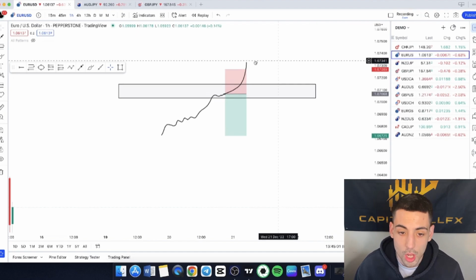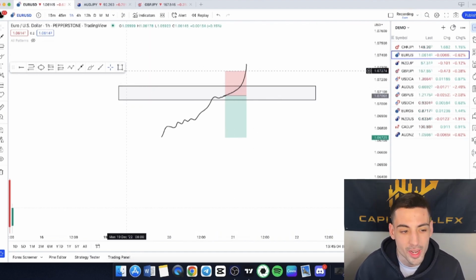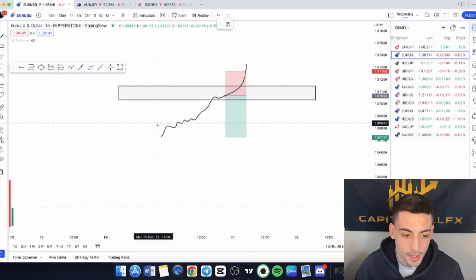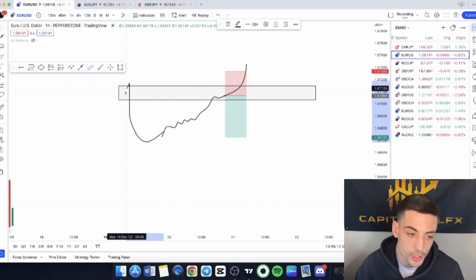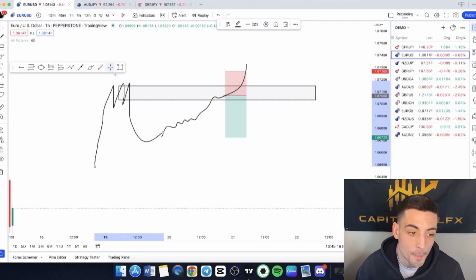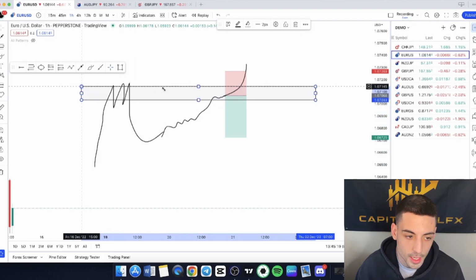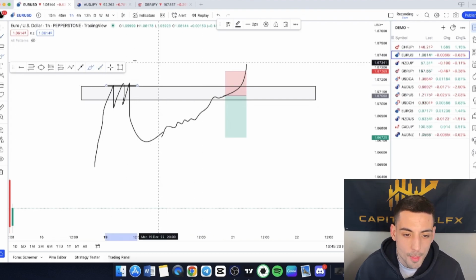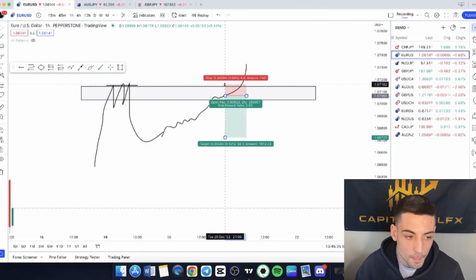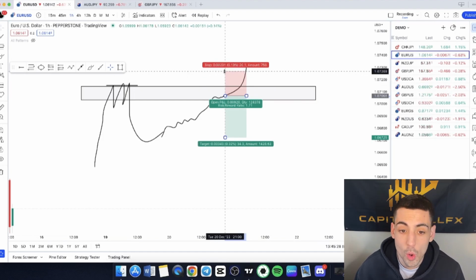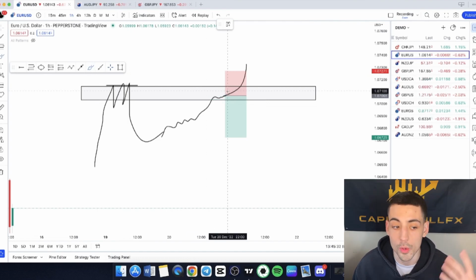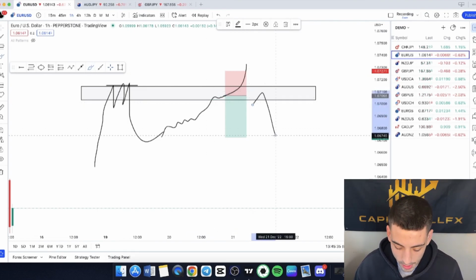You just place your stop loss above an invalidation zone, and our invalidation zone would usually be right above the zone. Maybe if we wicked at this level previously, let's say we've rejected off this level before, our invalidation zone would be above these previous highs. We can see that price has rejected away from this zone in the past, so we would probably put our stop loss somewhere above these previous highs, because if price wipes out these highs, then we don't want to be in the trade any longer, since we are trading off of this significant horizontal level.